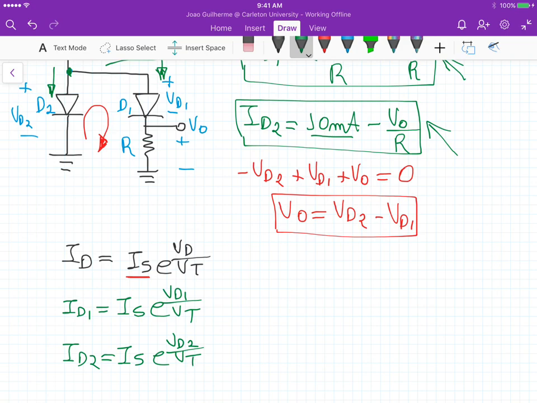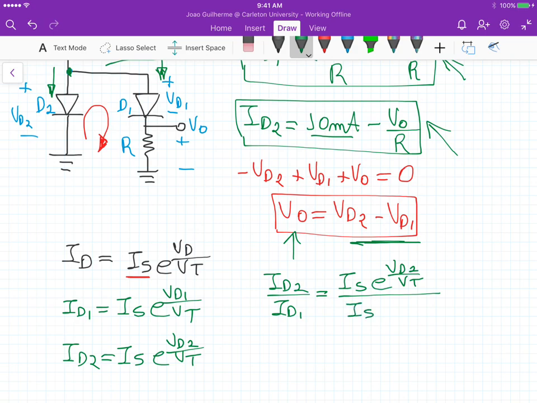Now we can use the property of the exponential function to obtain VD2 minus VD1, which is V out, by taking the ratio of ID2 over ID1. That's IS exponential of VD2 divided by VT, divided by IS exponential of VD1 divided by VT.